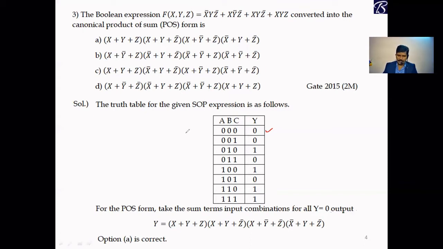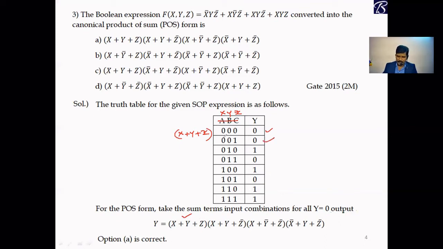This 0, 0, 0 means X plus Y plus Z. So actually, you need to write instead of ABC, this is X, Y, Z, because he has given in the terms of X, Y, Z, right? So this is the first max term. So write X plus Y plus Z.